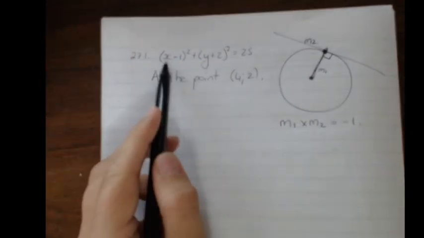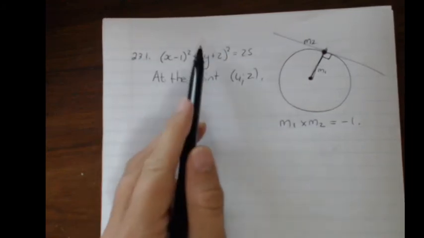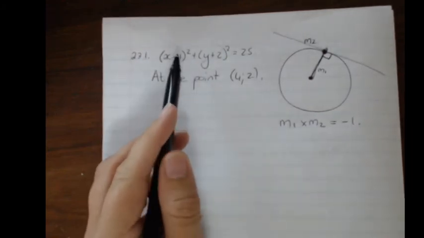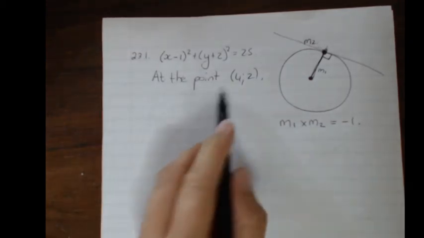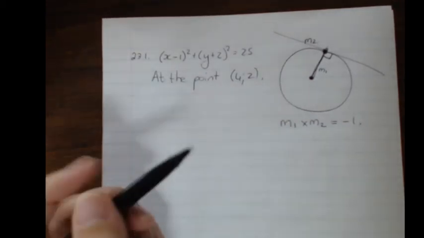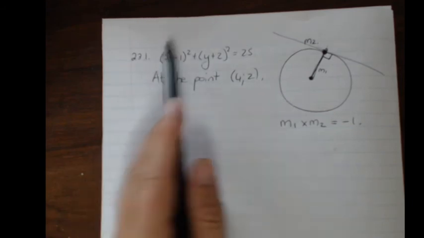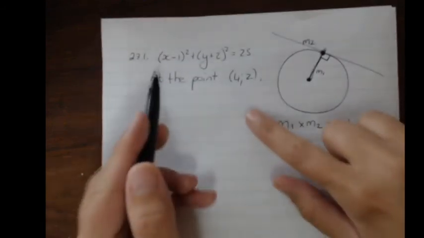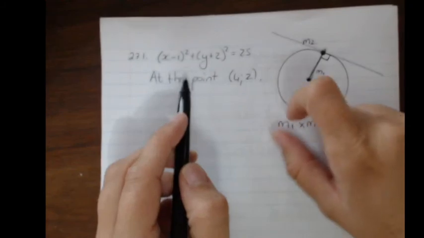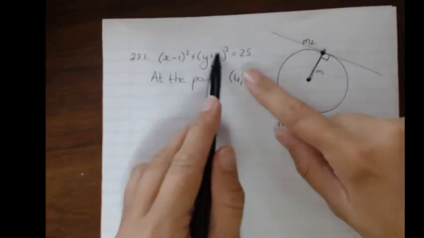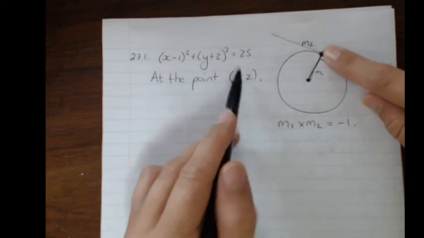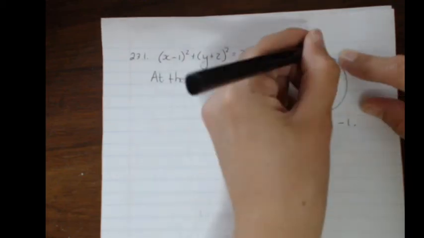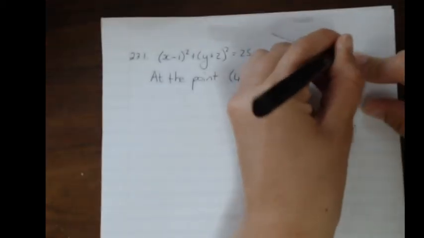So I have a circle defined by this equation, and I want to calculate the equation of the tangent that touches the circle at the point (4, 2). This is my circle equation, and this is the point where the tangent touches the circle. That coordinate there is (4, 2).